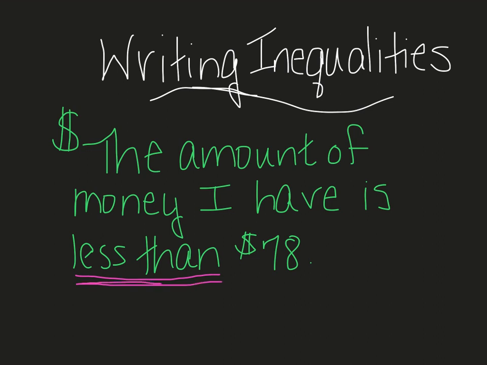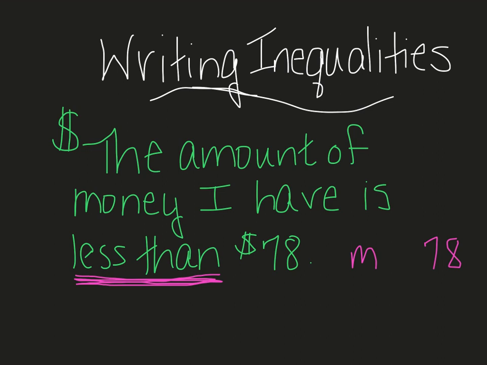Now, you can use whatever variable you want to use. You can use M for money. And then what number am I working with? Well, the amount of money mentioned here is 78. So the amount of money I have is less than 78. Well, do I have $78?